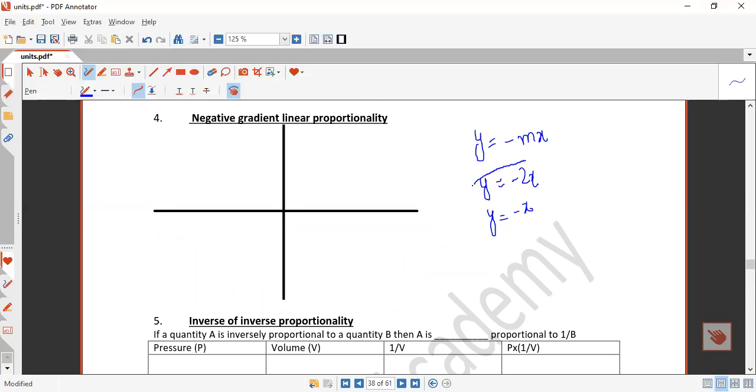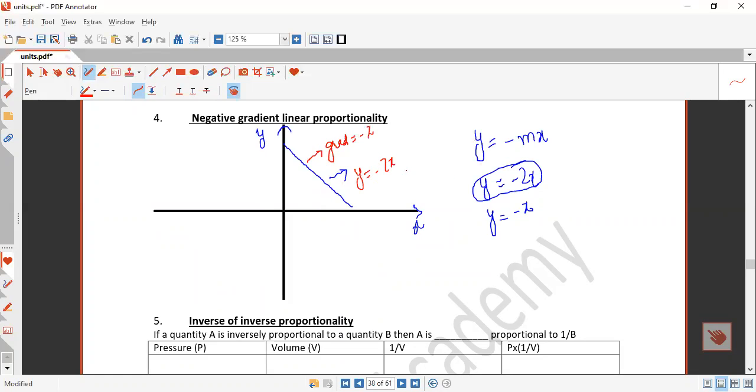So if we plot this equation, it is going to look like this. If the y-axis is y and the x-axis is x, then this equation, students, is y equals negative 2x, where the gradient is what? Negative 2, right?